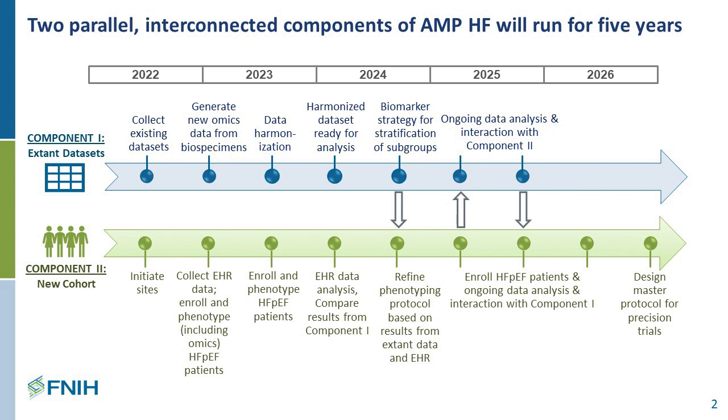The first one is component one, collecting all of the existing data. As you know, NHLBI has a lot of cohort data, trial data on HFpEF patients. We'd like to pull all that together. Some of those patients have existing biospecimens. They have raw data in terms of imaging.